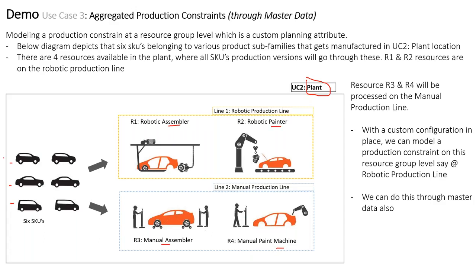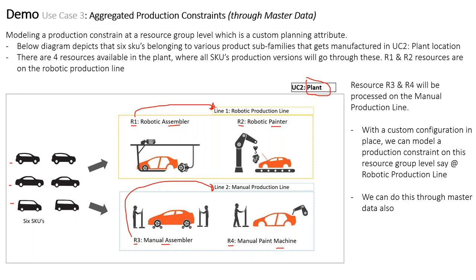All these SKUs pass through these 2 different lines. Resource 1 and resource 2 belong to a resource group called robotic production line. Resource 3 and resource 4 belong to a resource group called manual production line.